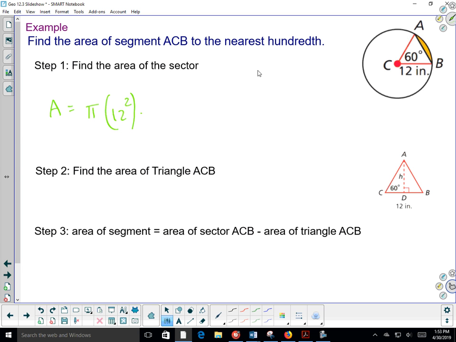They're telling us that this angle here is 60, but doesn't that mean that this arc measure is going to be 60 degrees as well? We learned that about central angles and their arcs. All right, so times 60 over 360. Everybody agree with that? So we get pi times 144, and what's 60 over 360? 1/6. And so what do I get for this?